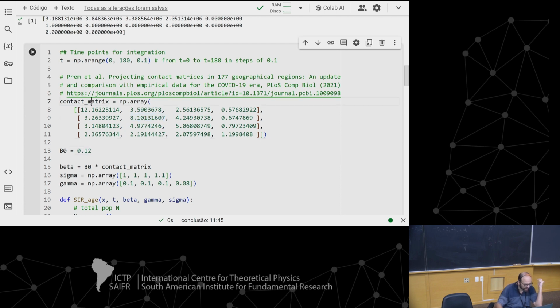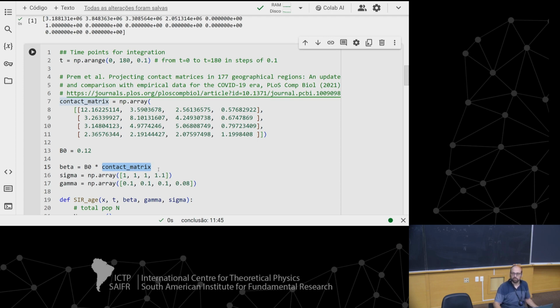Besides the contact matrix, I also need a constant in front that tells me about the other stuff that I had left out, that is susceptibility and probability of infection per contact. I just assume that this is a constant for all the possible contacts. So my beta is actually a constant that accounts for probability of infection at each contact, multiplied by this contact matrix, okay?